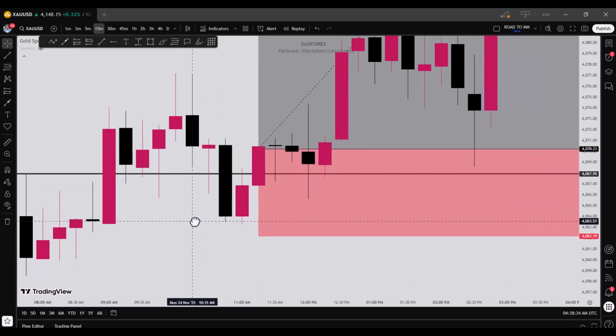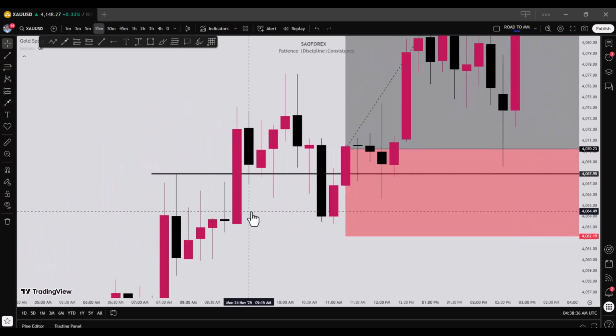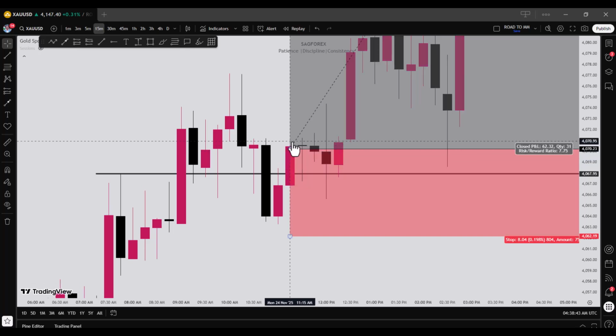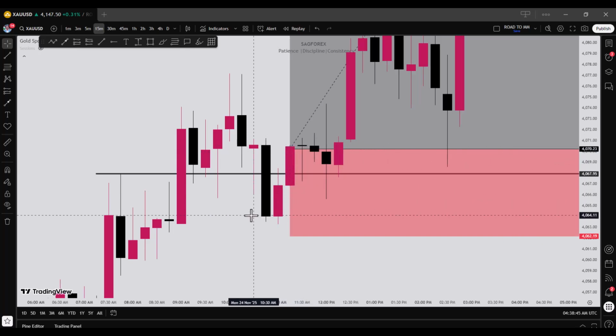And once that correction happens, what is the next thing that we want to see? We want to see price trying to continue the next move. Price wants to continue in the original direction that price was shooting up. Price was shooting up, and then price made a correction back below our line of neutrality.